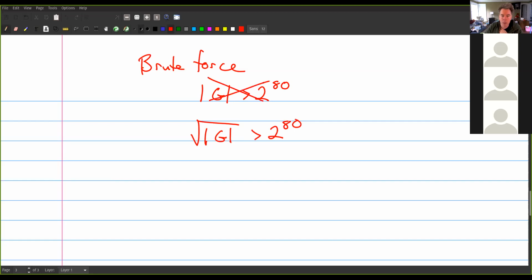So that was optimistic. And so this means that the cardinality of G has to be bigger than 2 to the 160 to avoid the baby step, giant step algorithm. So it forces the system to have twice as many bits as it would otherwise.